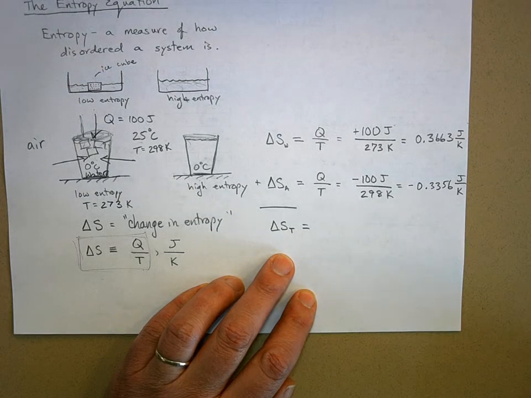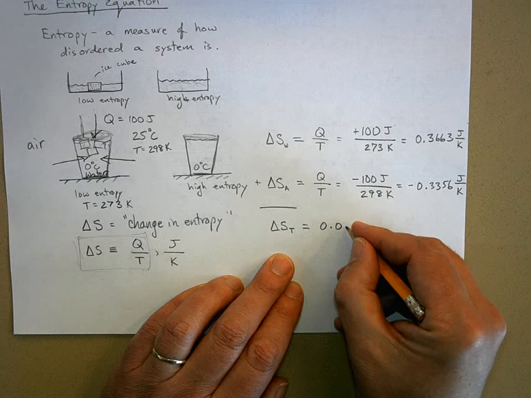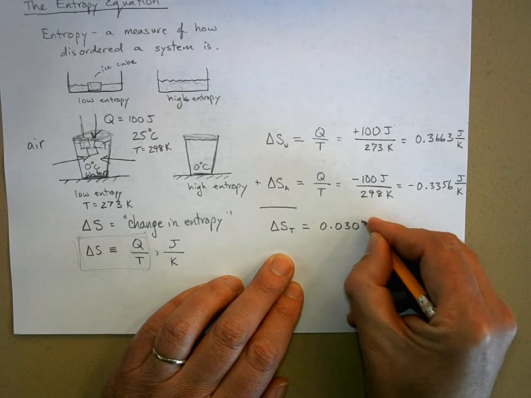I entered it wrong earlier. 0.3663 minus 0.3356 equals 0.0307 joules per Kelvin.